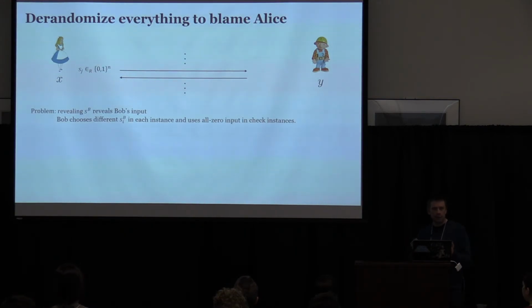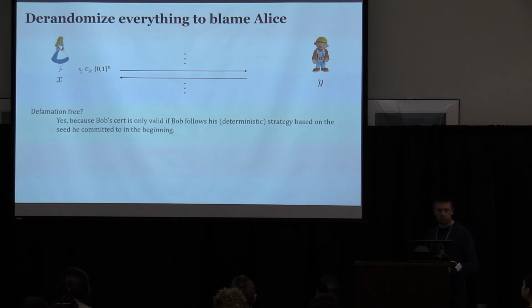We're not going to reveal the randomness that we use in the real execution. We also have to reveal the inputs that Bob is using because that's part of the OT that Bob is participating in, part of the signatures. But that's also fine because for the check instances, the OT inputs we're always going to set to 0. So there is nothing to worry about revealing.